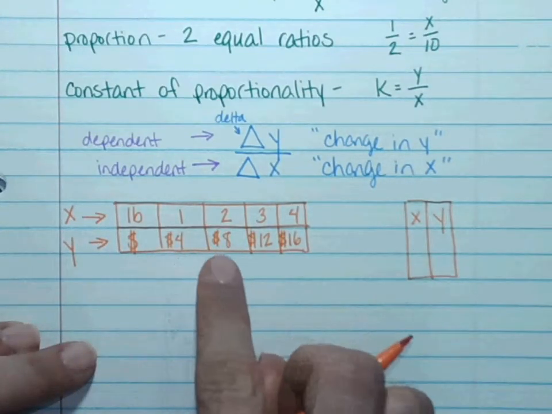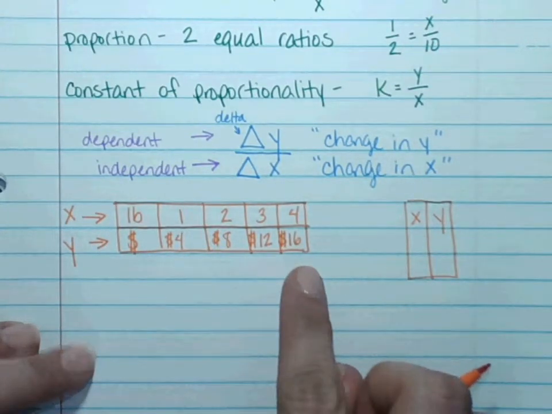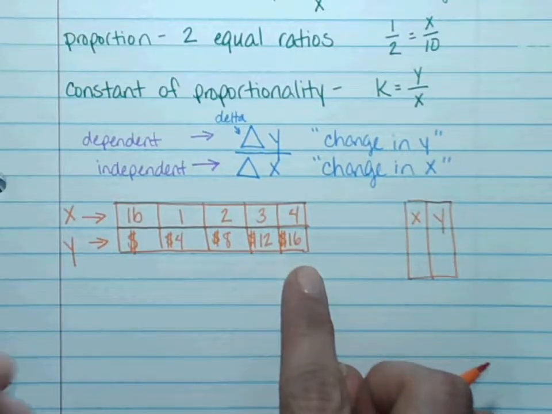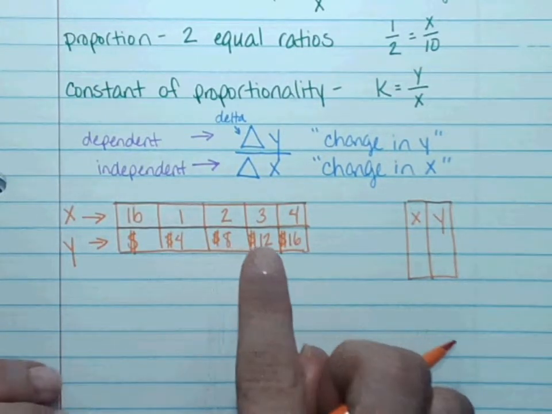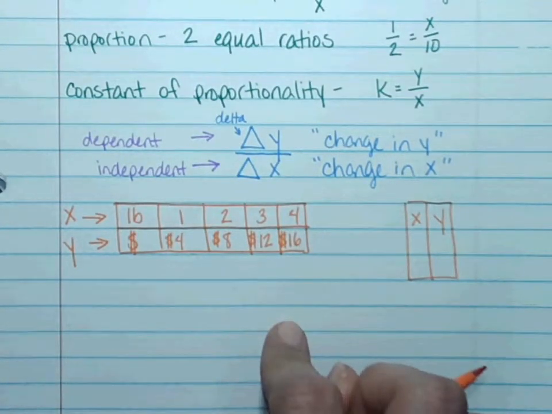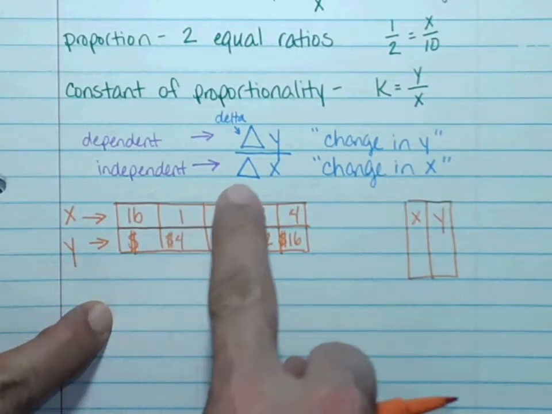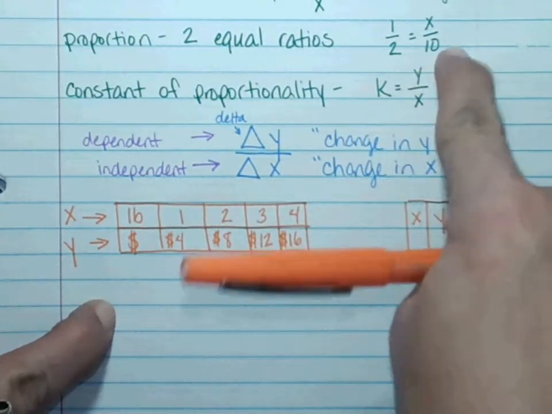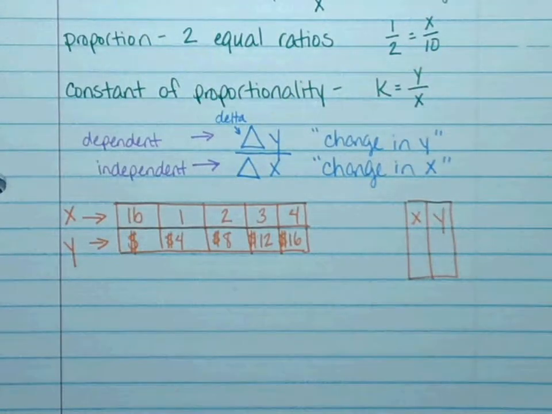You knew how to fill this table in because you knew that the rate of change was constant. There wasn't going to be a trick question where you hit 4 pounds and all of a sudden it was $10. It's a constant rate. The graph is constantly going up. Constant rate of change.